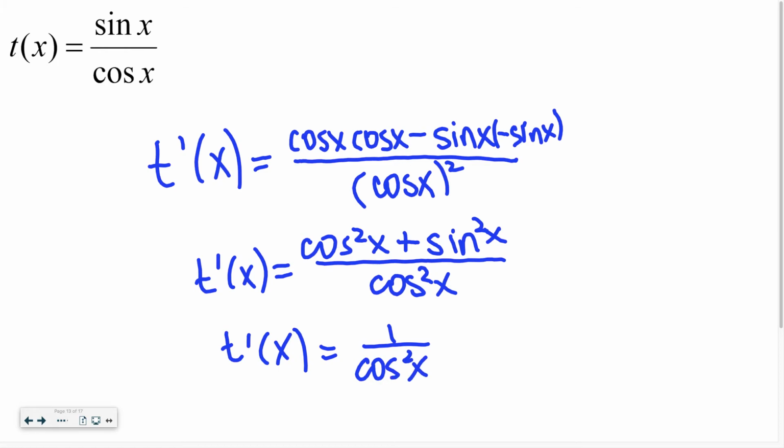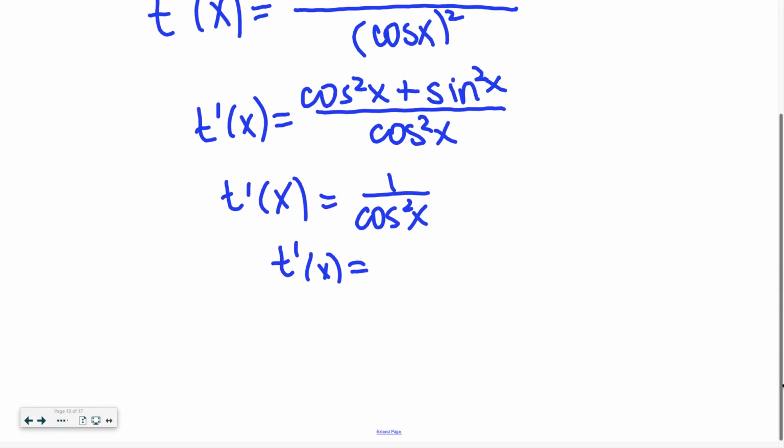And what's 1 over cosine squared the same as? No, secant. Our function was sine of x over cosine of x, which you told me was tangent.